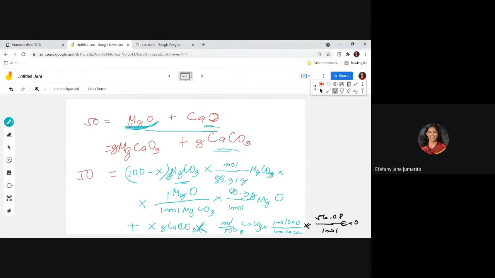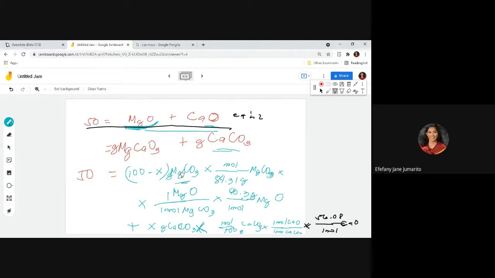Question: we are trying to get this equation 2. This one is equation 2. Because we don't know the weight of your magnesium oxide and your calcium oxide, we will use the stoichiometric equation from magnesium carbonate, because we know the weight of your magnesium carbonate, that's 100 minus x.